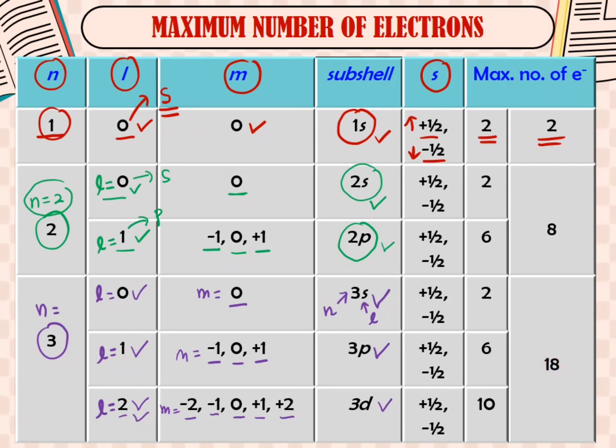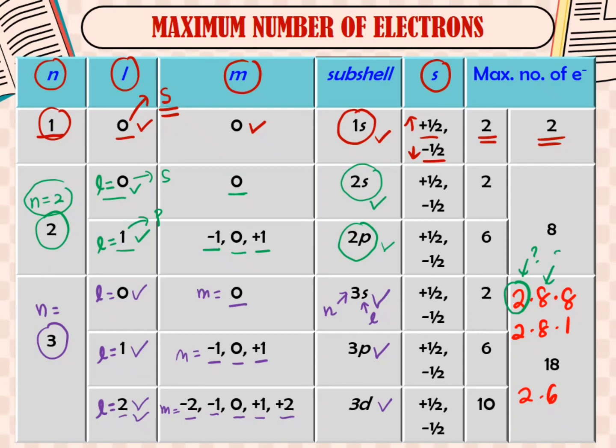Pernah tak belajar zaman sekolah dulu? 2, 8, 8. Macam tu. 2, 8, 1. 2, 6. Pernah tak belajar konfigurasi elektron? Kenapa yang pertama ni hanya boleh letak nombor 2 sahaja? Pernah tahu tak kenapa?